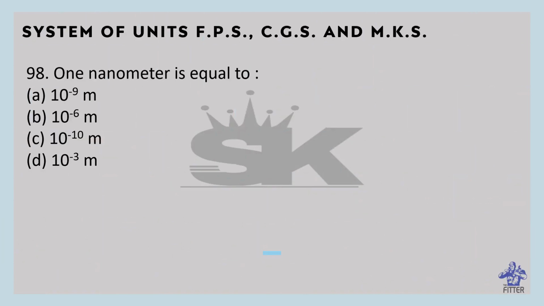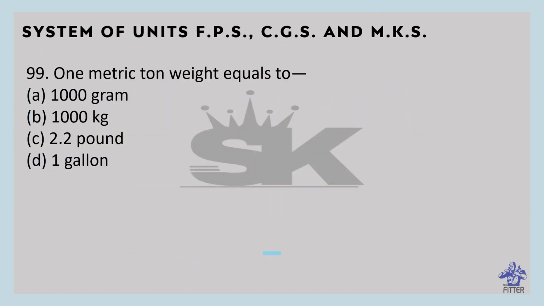1 nanometer is equals to, everyone knows that option A, 10 to the power of minus 9. Okay, 1 metric ton weight equals to 1000 kg.